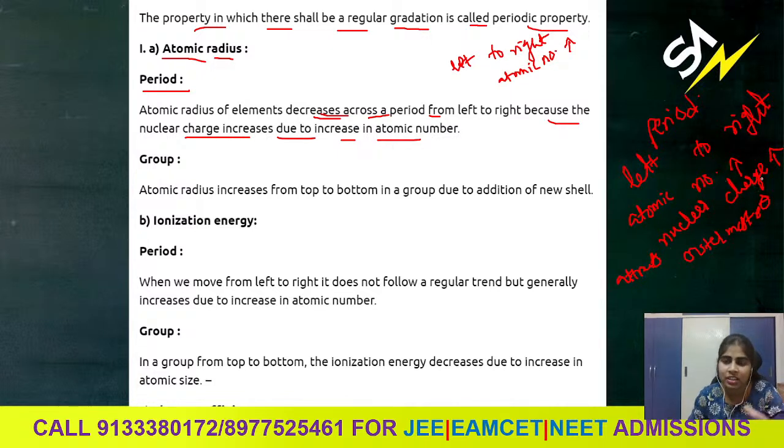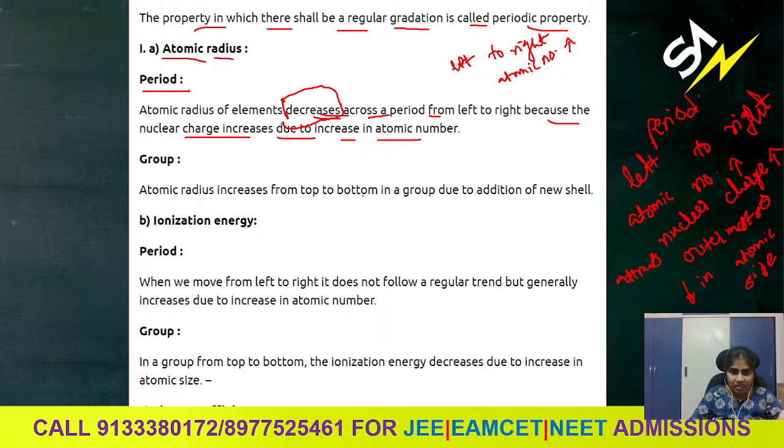What if outermost electrons are attracted strongly? It means there will be a decrease in atomic size. If there is strong attraction on the outermost electrons, the size of the atom will be decreased. If the size is decreased, the atomic radius will also get decreased. So this is in a period. What happens in a group? It is opposite now.